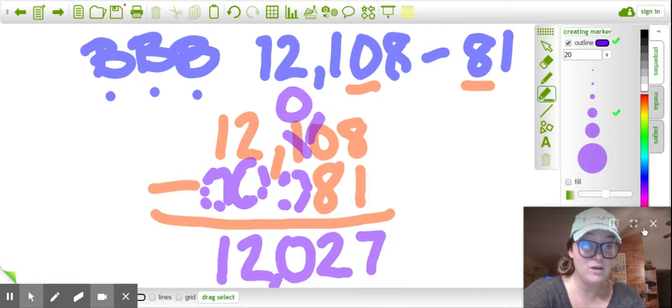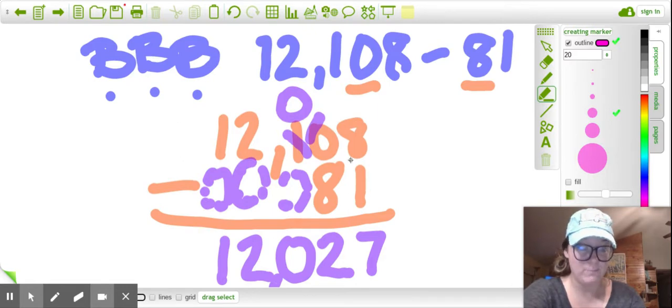Now, a really good way to double check your work when you're subtracting numbers like these is to start with your answer and switch that operation. So instead of subtraction, we could add 12,027 plus 81. And if we did our math correctly, guess what? Our sum should be 12,108.